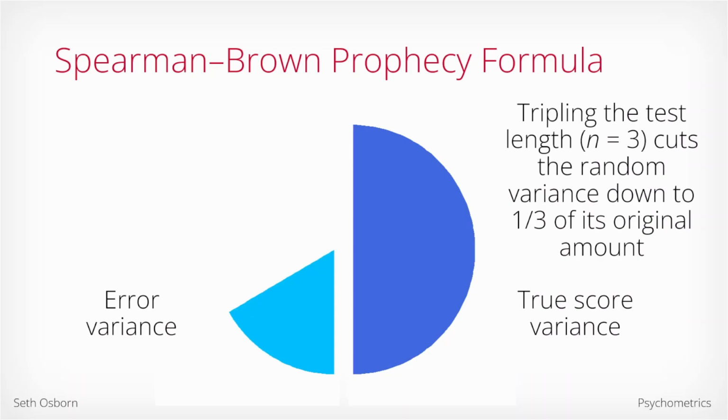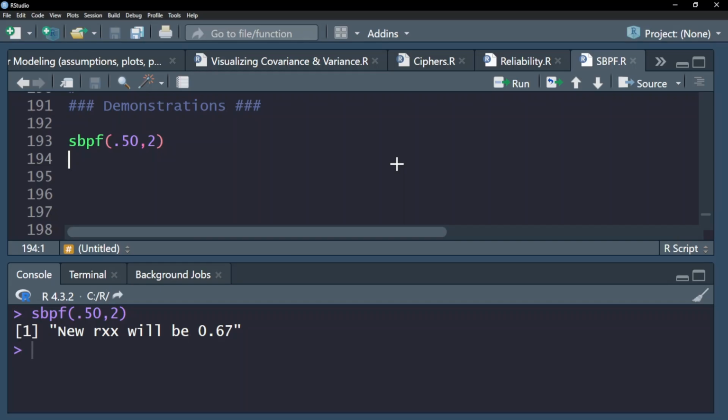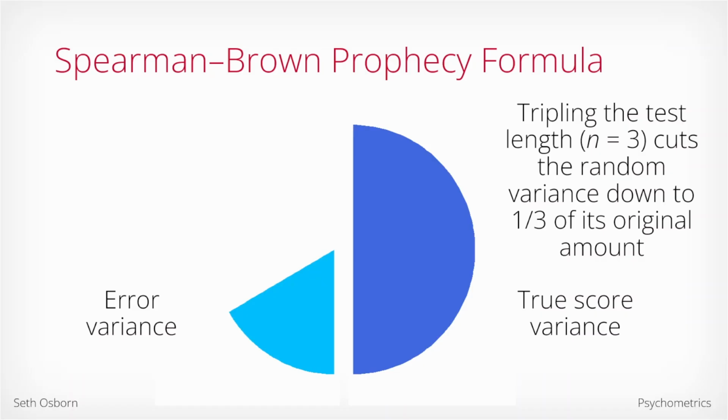So when we triple the test length, we increase reliability from 0.5 to 0.75 on average. Let's check this in R to make sure I'm not just making up random things and posting it on YouTube. Our scaling factor is now 3, so the new reliability becomes 0.75, which is what we knew it would be based on this visual representation.